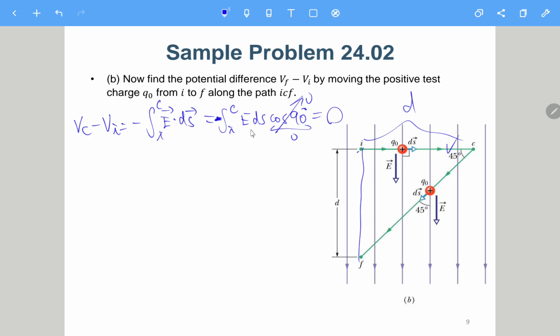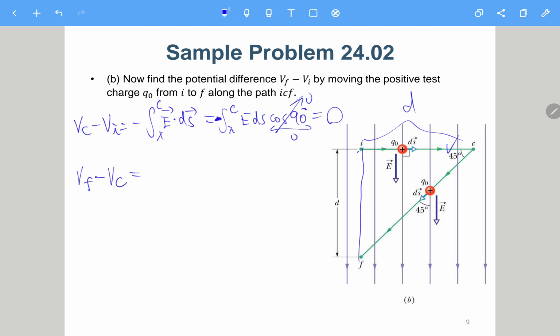So this is Vc minus Vi, and next we should consider Vf minus Vc. Later, when we add them together, Vc and negative Vc will cancel, so finally we come up with Vf minus Vi.